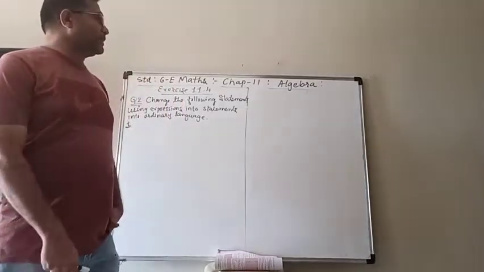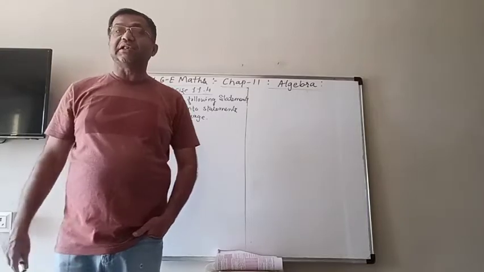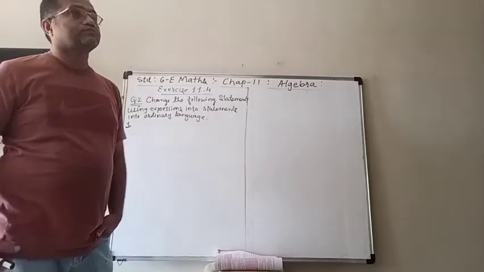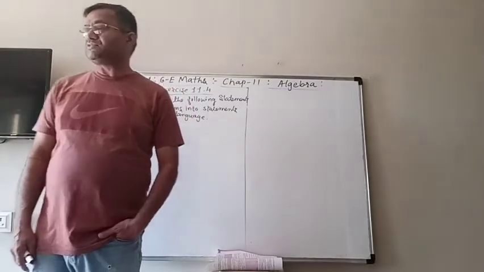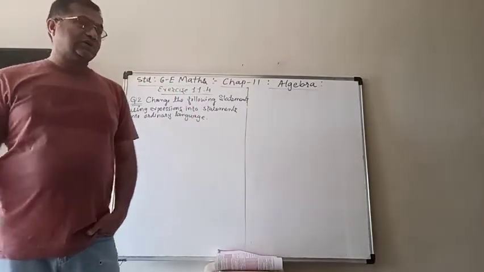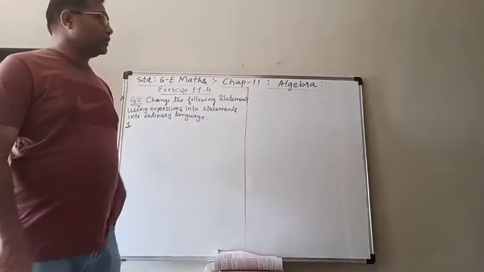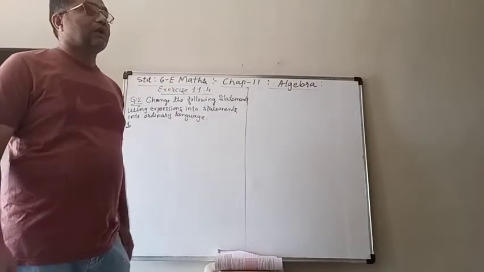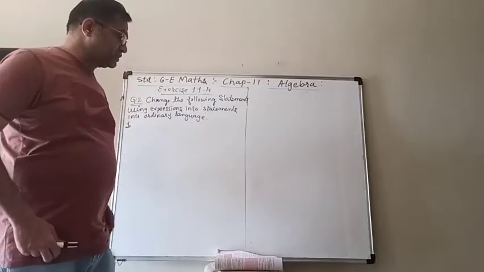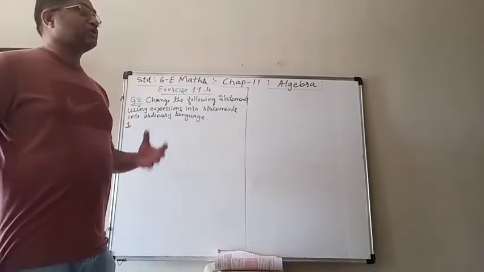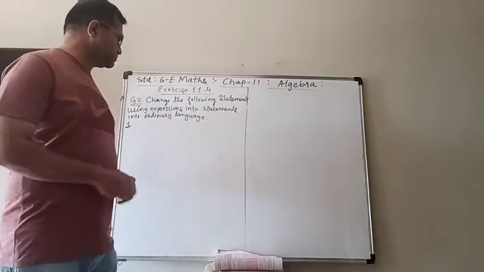In the chapter number 11, algebra, we started exercise 11.4. Before that we learned how to make expressions from statements given in general language. Now in question number 2, the situation is given using expressions, but we have to convert them into ordinary language.